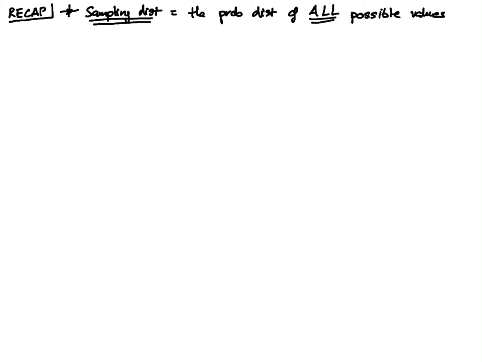First off, the sampling distribution is the probability distribution of all possible values of a statistic for a given sample size taken from a population.